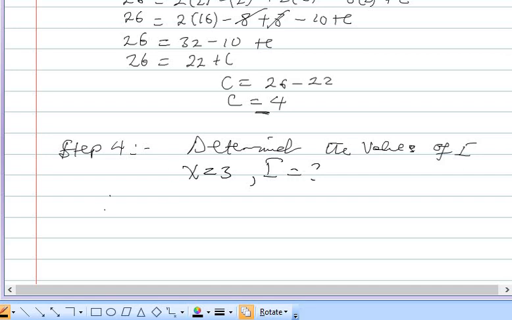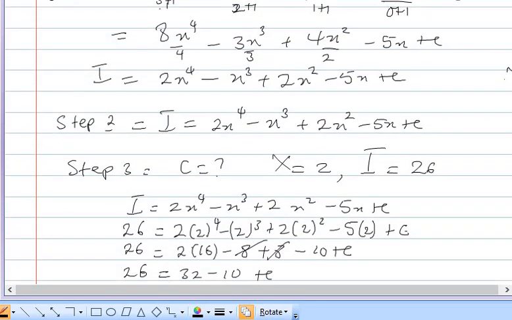So using our nested integration, we have I as 2x raised to power 4 minus x power 3 plus 2x square minus 5x plus c, as we have it here, right?